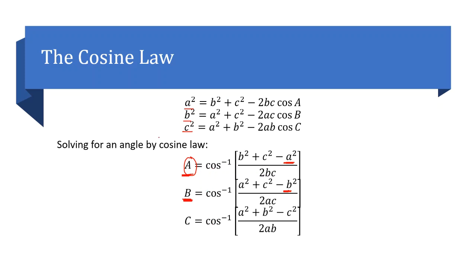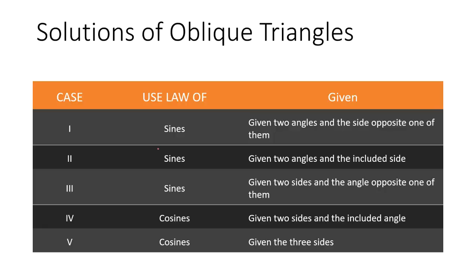Okay? So here are some cases of what law we should use. Is it the sine law or the cosine law? You have five cases. Case 1 uses the sine law, and to know that we have to use the sine law, we look at the given: two angles and the side opposite one of them.